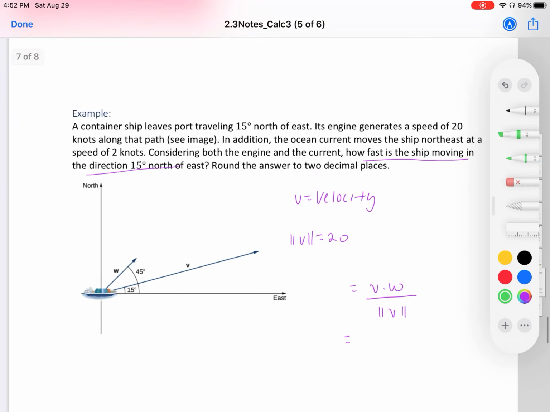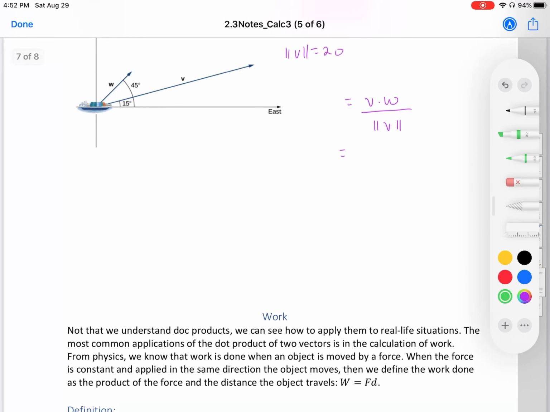So we jump to the current page. We can go ahead and steal from our formulas above to have the magnitude of w equals the cosine theta for our formula. So I have magnitude of w times cosine of 30, which is this angle right here.